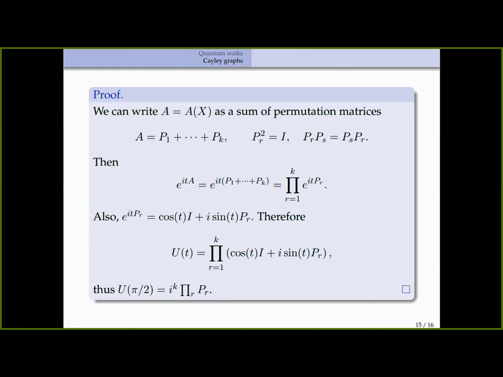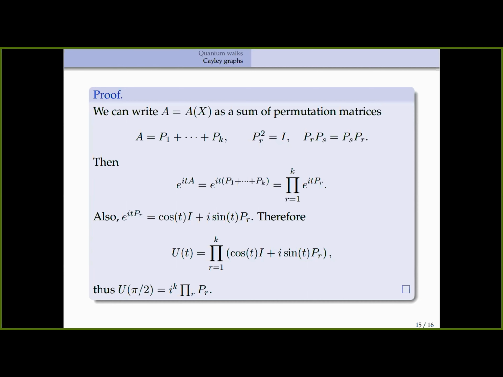And if we now take t to be pi on 2, then the transition matrix just becomes i to the power of k times this product of permutation matrices. And a product of permutation matrices is obviously a permutation matrix.